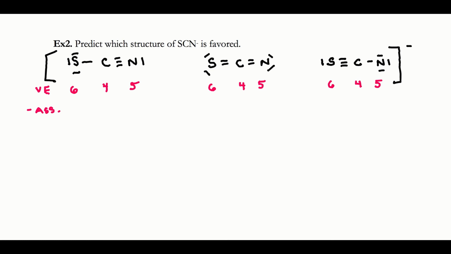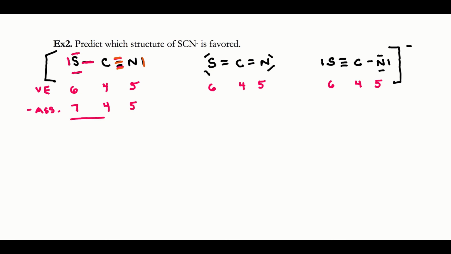So for sulfur, the first one on the far left-hand side, I've got a single bond. So that's 1, 2, 3, 4, 5, 6, 7. So 7 assigned. For this carbon here, I've got 1 because it's a single bond, 2, 3, 4. And for nitrogen, I've got 1, 2, 3, 4, 5.